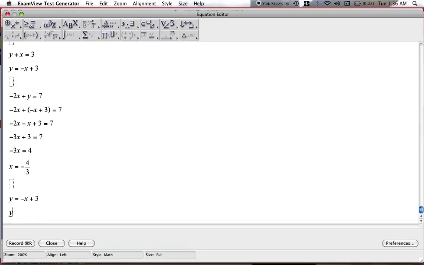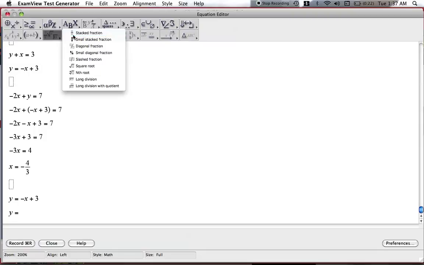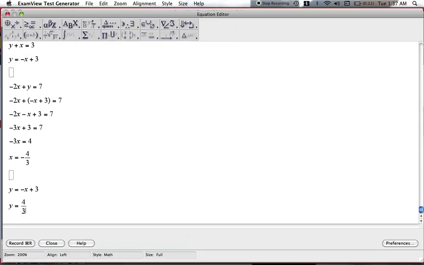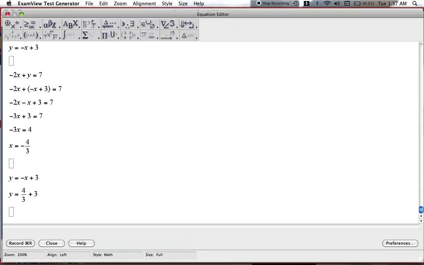Plugging in our x, we're left with y equals 4/3 plus 3. y equals 4 1/3, or let's see, that would be 13/3.